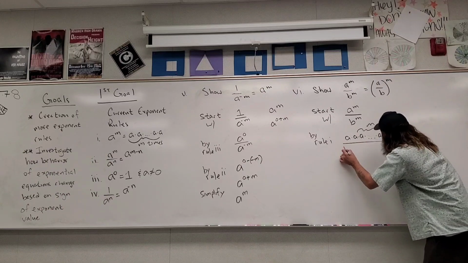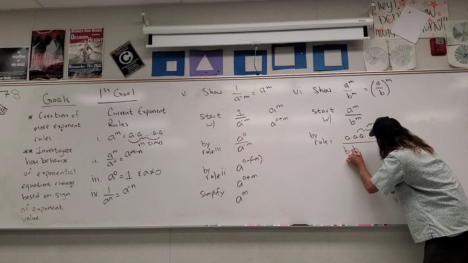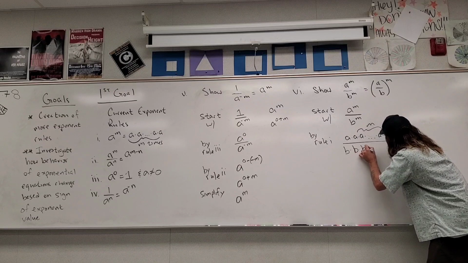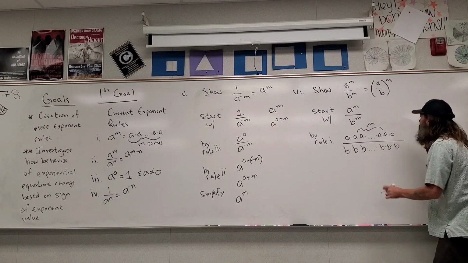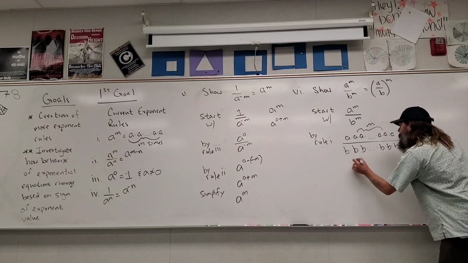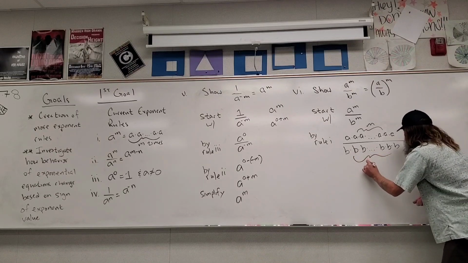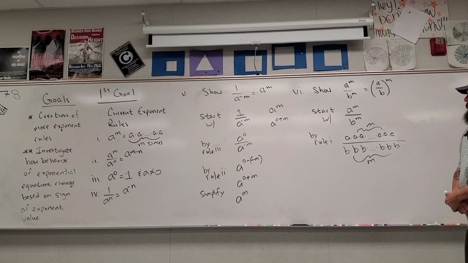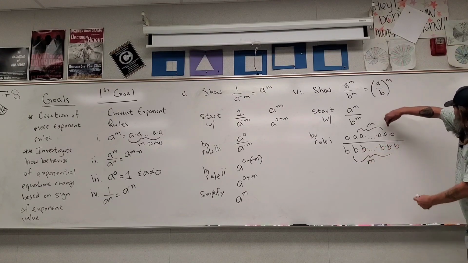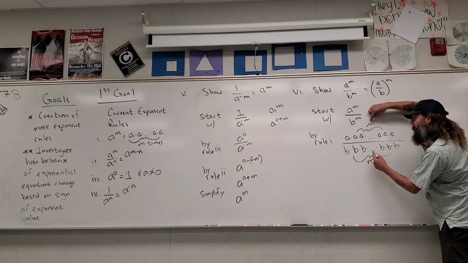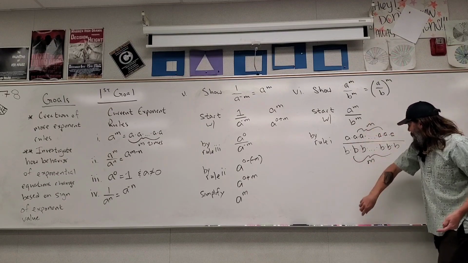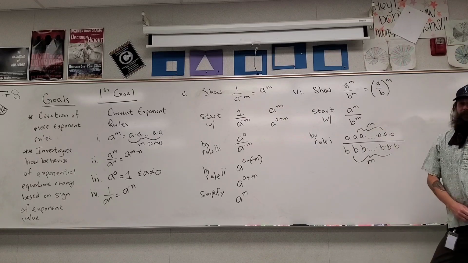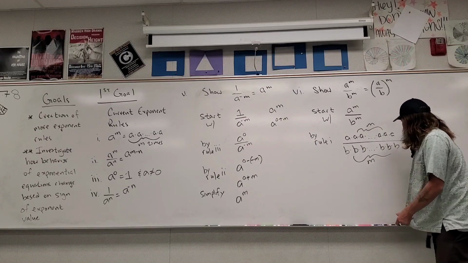So this becomes b times b times b times dot dot dot times b times b times b, and again this is a total of n times. Now, because these are multiplying and there are the same number of numbers multiplying in the numerator as in the denominator, I can throw parentheses around them. So I will rewrite with parentheses.